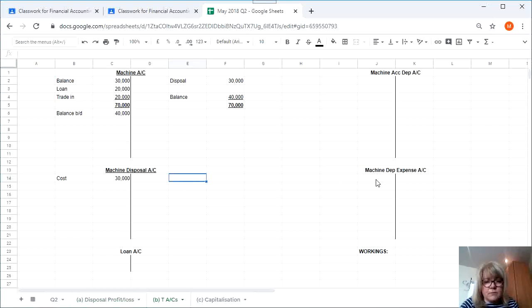So that would have been over here in our machine accumulated depreciation account. The balance of 12,000 would have been carried in there at the beginning of the year.